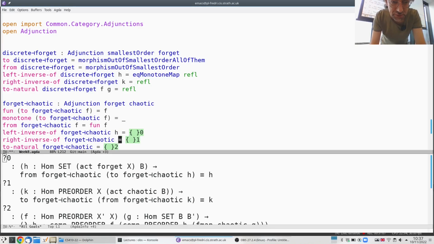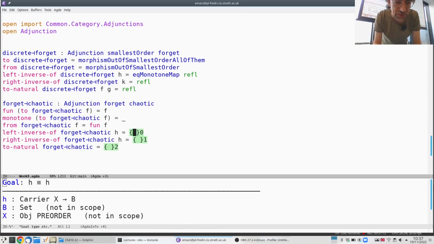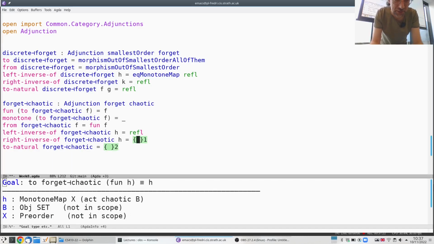There's going to be some H, some other H. Just check all of these bits and pieces. Okay, good. So that one was easy. I mean, all we're doing is packing and unpacking the function. So we should expect something vaguely sensible to happen. Okay, speak, monotone, map, something.